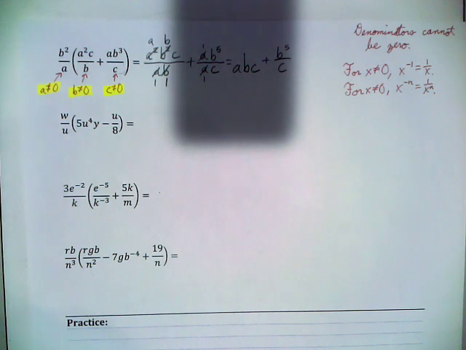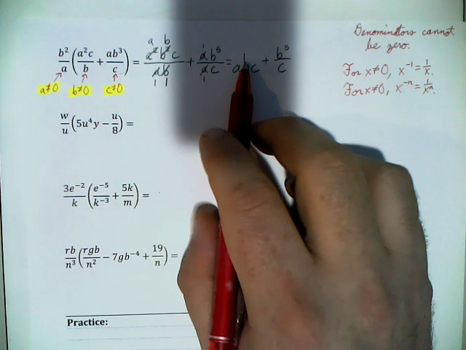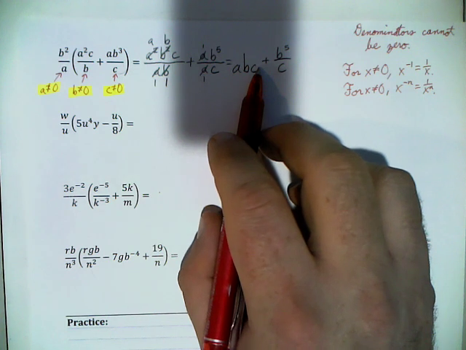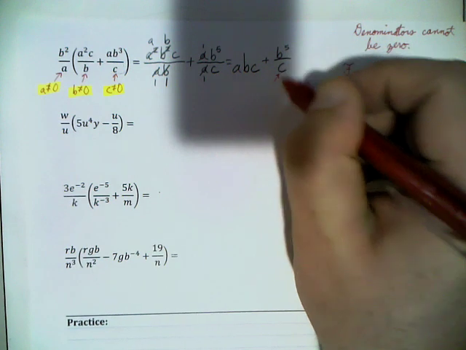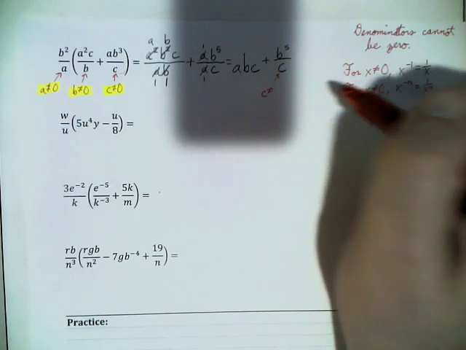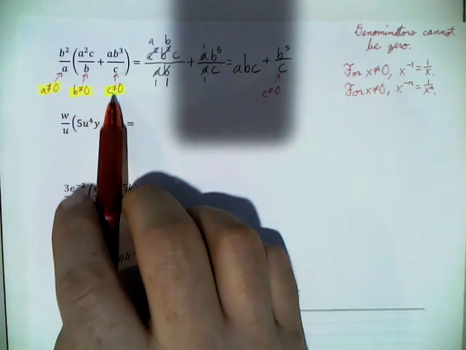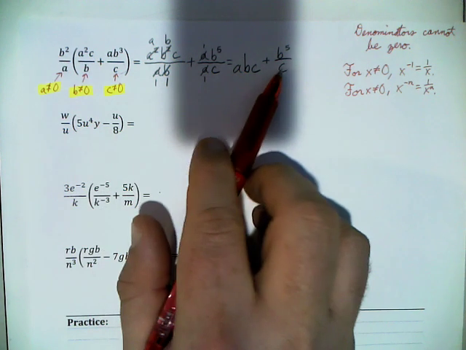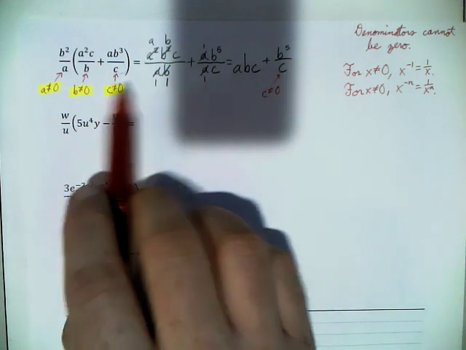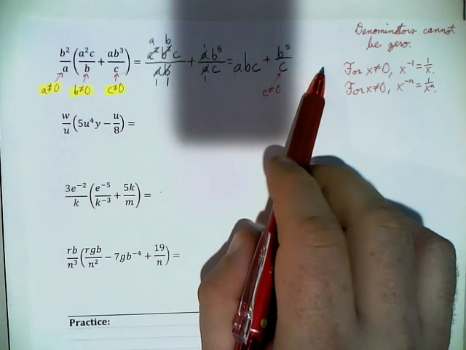Now that we're done, let's take a look and see what is still excluded. This no longer being a fraction, we have no problems. There's no denominator, so there's nothing to exclude there. So here, we still have that c cannot equal 0. That means this excluded value is still excluded over here. But remember that anything that's excluded at the beginning still has to be excluded at the end.